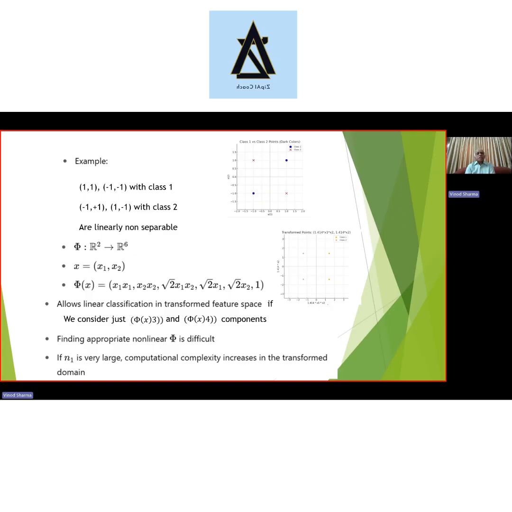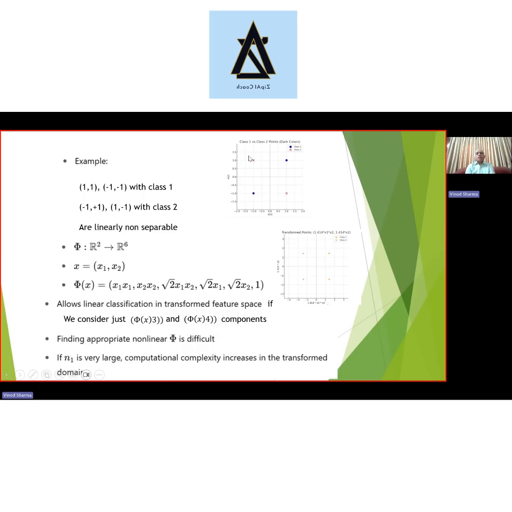Here is an example of this claim that in a larger space we may be able to linearly separate the data. Let's take x in R2, and there are two classes and four samples. Samples (1, 1) and (-1, -1) are class 1, and (-1, 1) and (1, -1) are class 2.